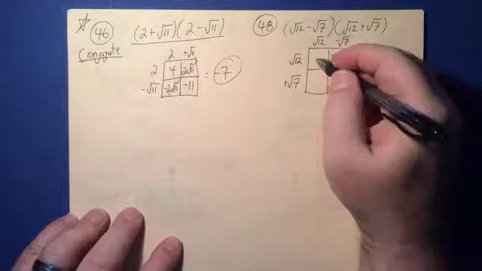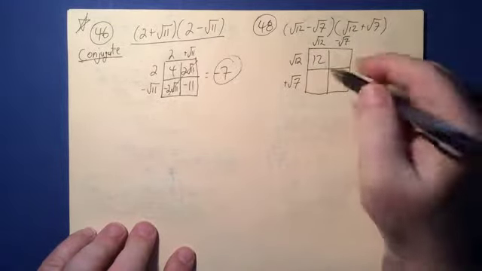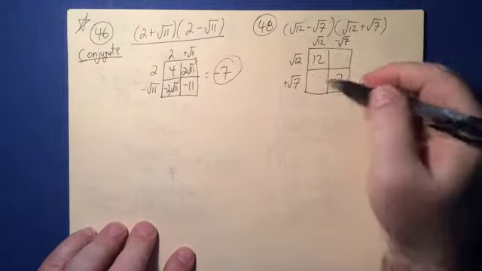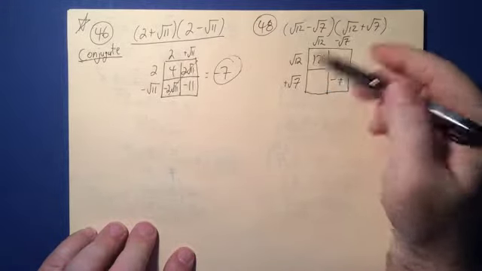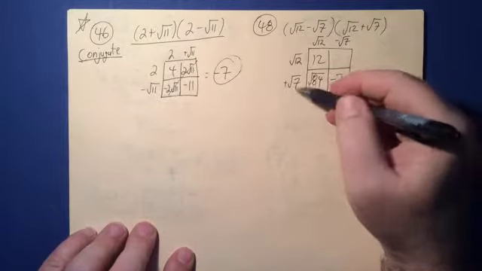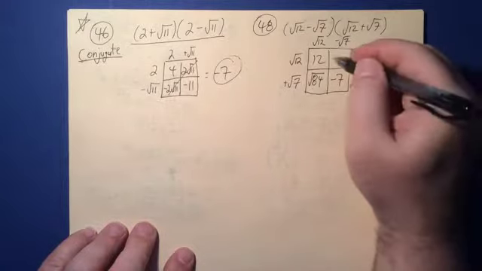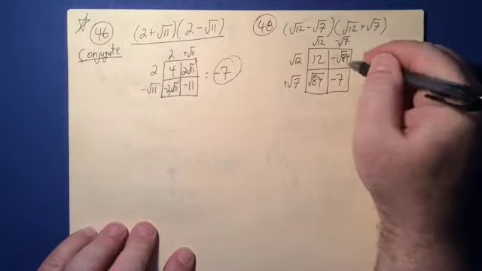So, radical 12 times radical 12 is 12. Radical 7 times negative radical 7 is going to be negative 7. Radical 12 times radical 7, well, that's going to be radical 84. Radical 12 times negative radical 7 is going to be negative radical 84.